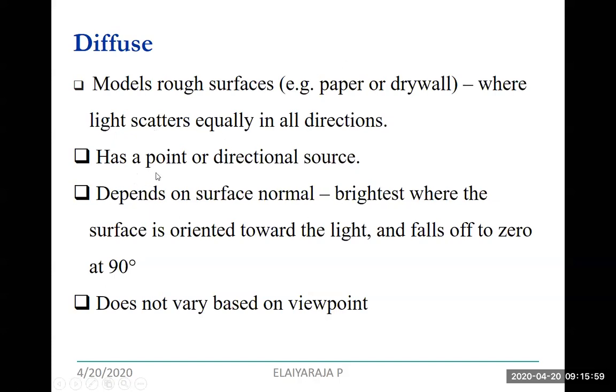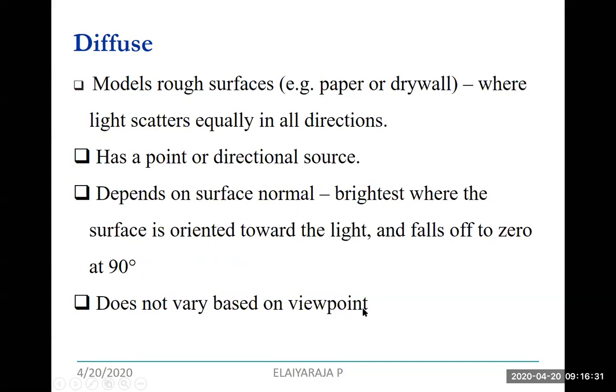It has a point or directional source. Yes, you can take the example of a fluorescent light which hits the paper and scatters equally in all directions. It depends on the surface normal, brightest where the surface is oriented towards the light and falling off to 0 at 90 degrees. And it does not vary based on viewpoint.